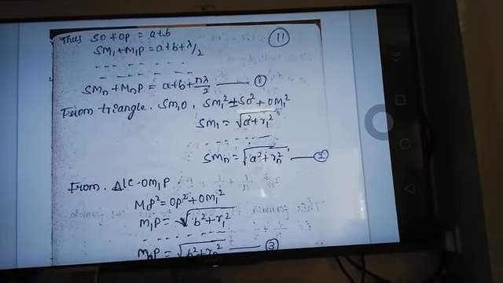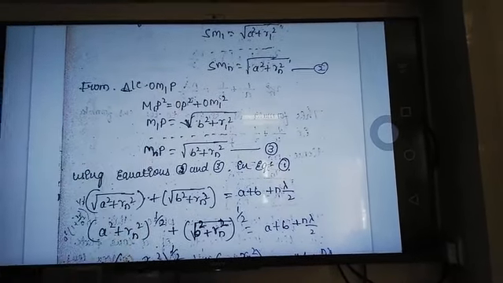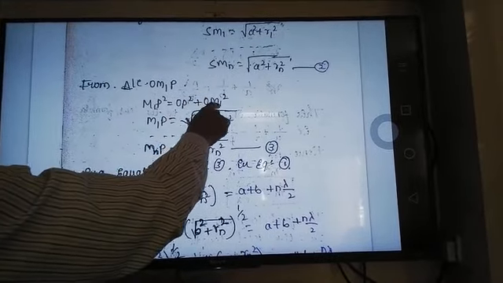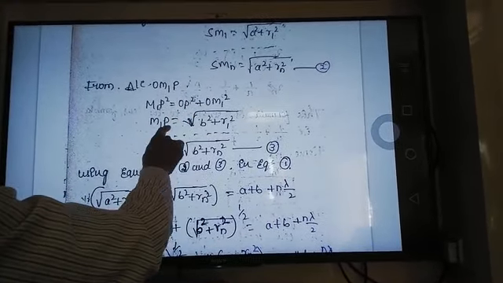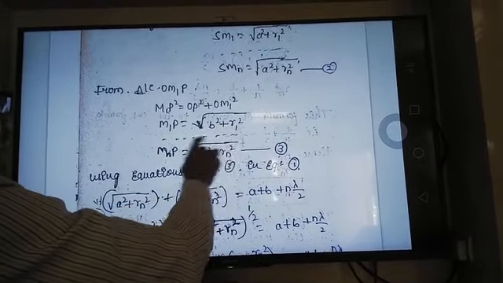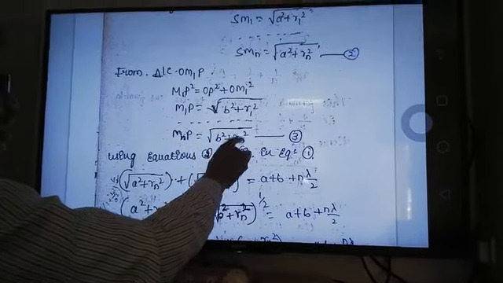In a similar way, let us consider another triangle O M1 P. M1P square is equal to OP square plus OM1 square. M1P is equal to square root of B square plus R1 square.